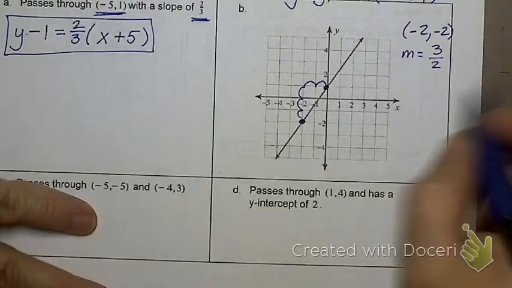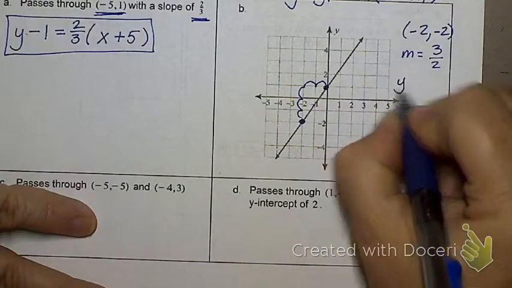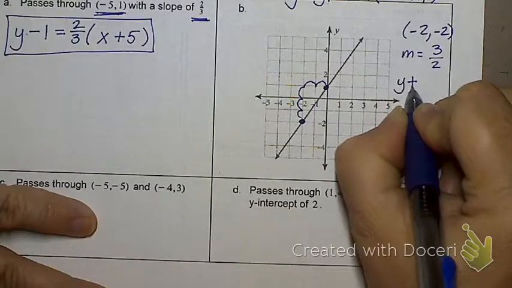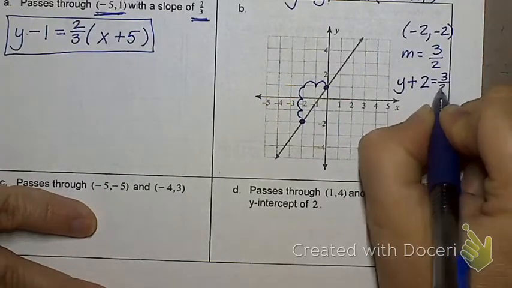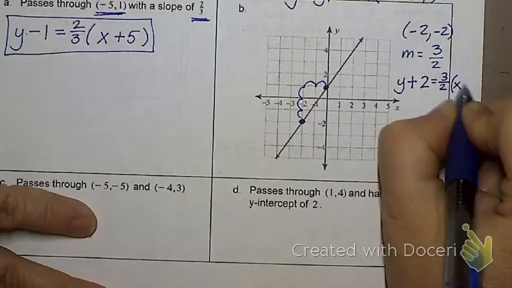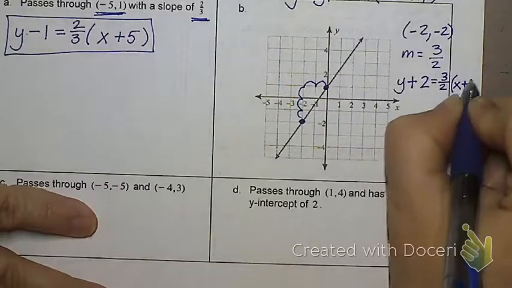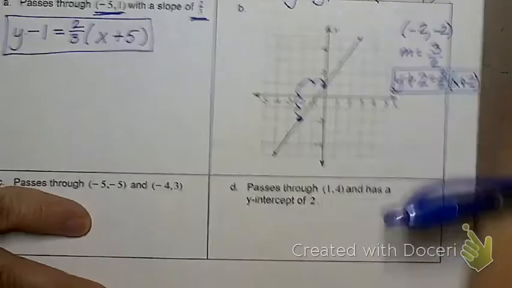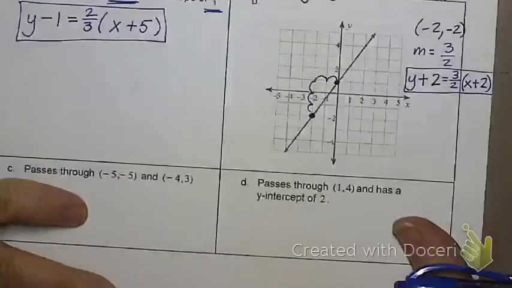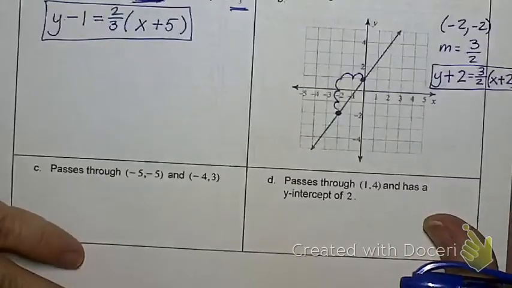So if I put that in my point-slope form, I have y minus negative 2 equals 3/2, parentheses, x minus negative 2. Questions there?